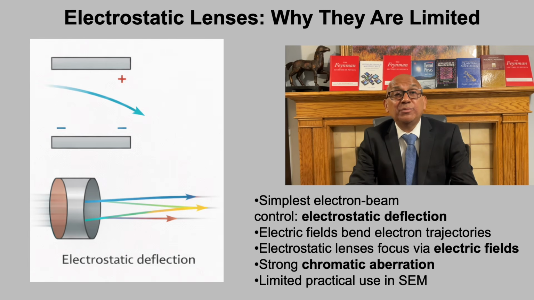Since some energy spread is unavoidable in practical SEM operation, this severely limits achievable resolution. As a result, electrostatic lenses have only limited use in SEM beam formation. To overcome this limitation and achieve better probe control, modern SEMs rely primarily on magnetic lenses, which we will introduce next.